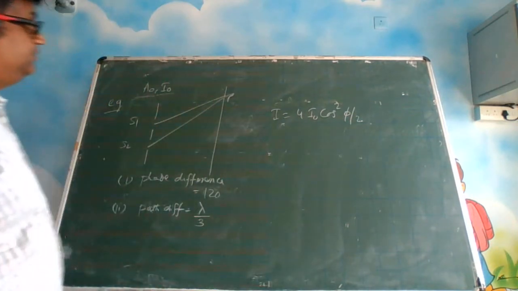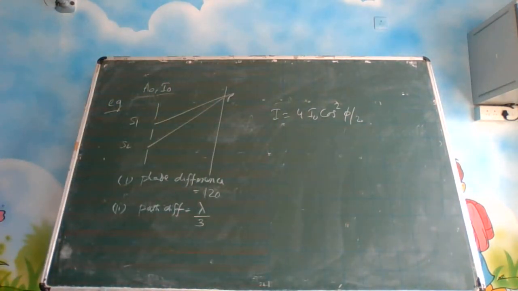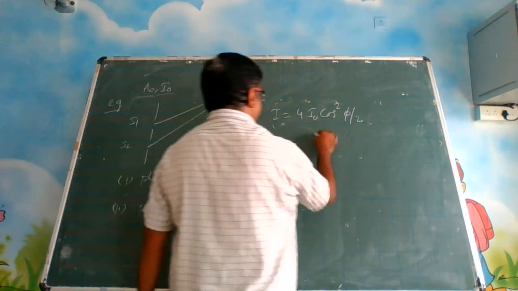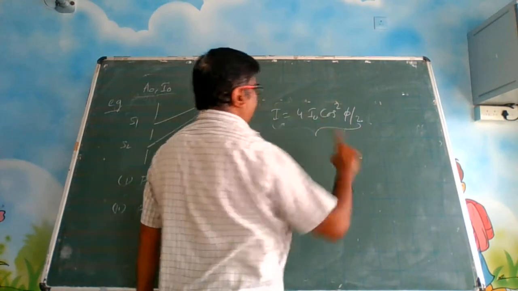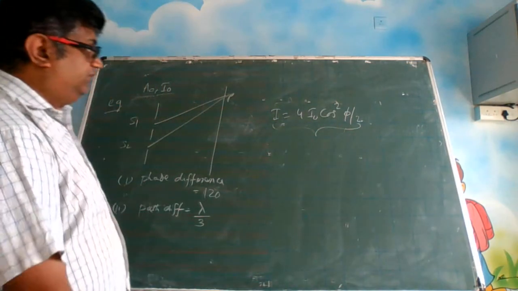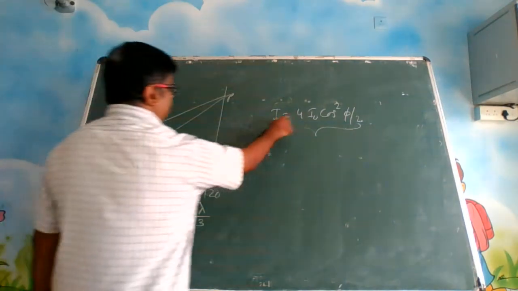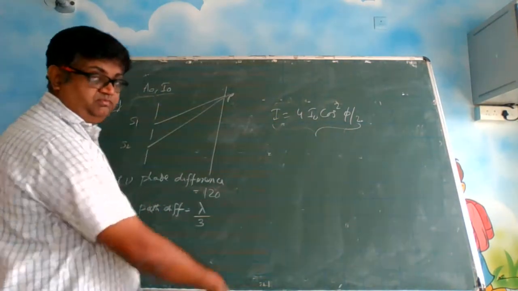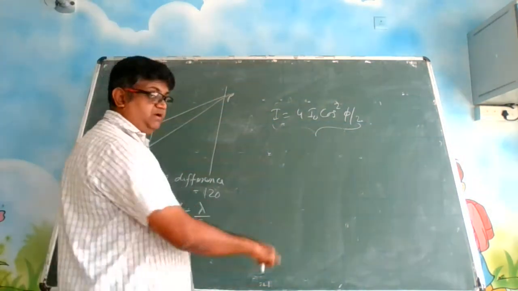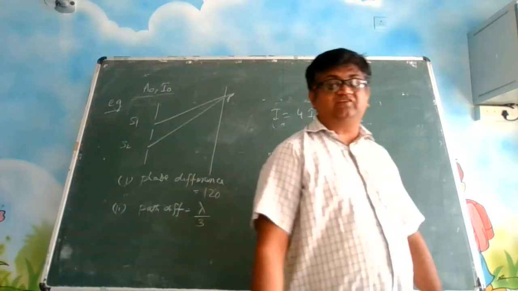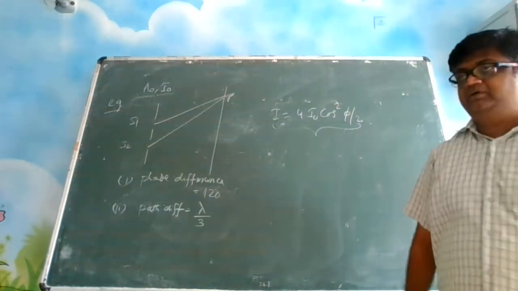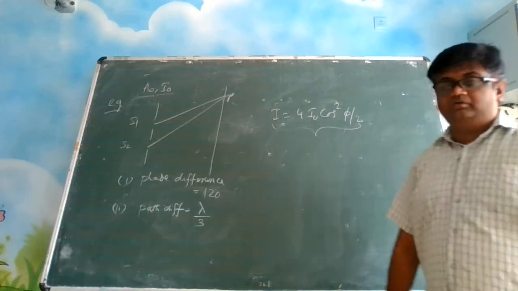This is the general relationship. Cos square phi by 2 will be 1 for the case of maximum, then I becomes 4I0. I have shown in the previous session that root over I is equal to root over I1 plus root over I2 for the maximum case, and for the minimum case, root over I is equal to root over I1 minus root over I2.